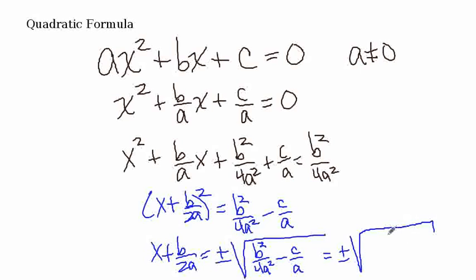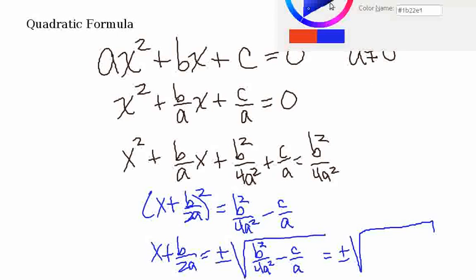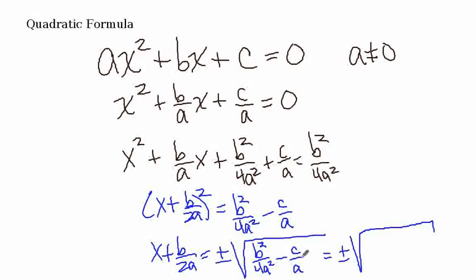For the c over a, I could multiply the top and bottom by 4a. That's allowed. So now I have a common denominator, and I've got b squared minus 4ac all over 4a squared.